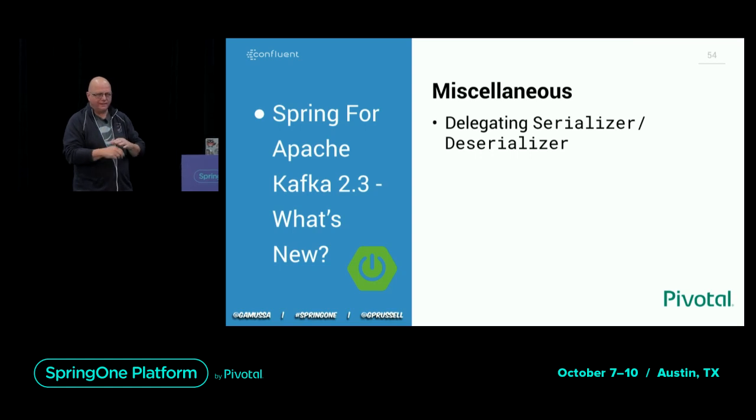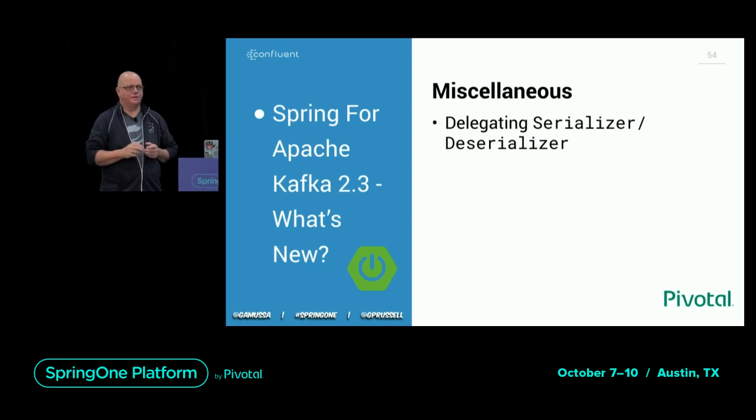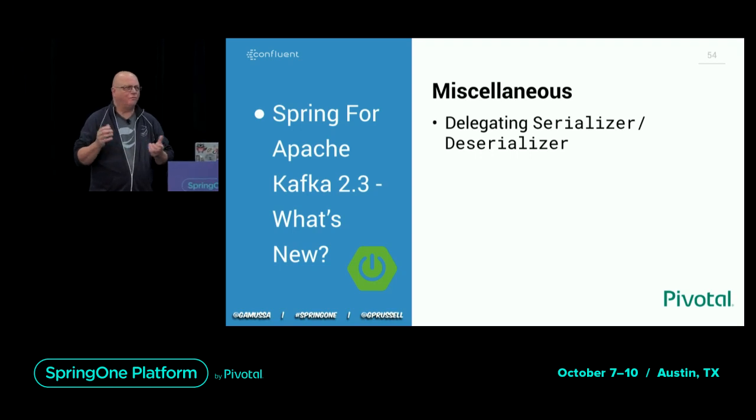Whereas we now have these delegating serializer, deserializer. So you can just say KafkaTemplate of Object, and the serializer will add a header to say this is a string or this is an integer. So then the corresponding deserializer can deserialize the appropriate object. It gives you a bit more flexibility in terms of, again, trying to simplify the configuration.